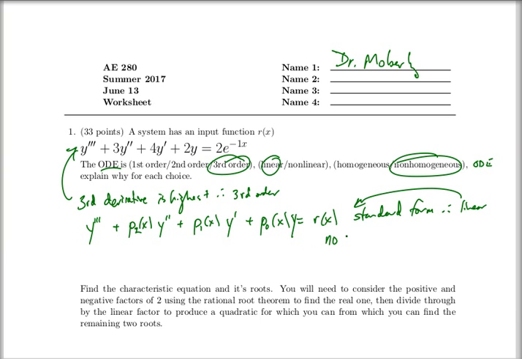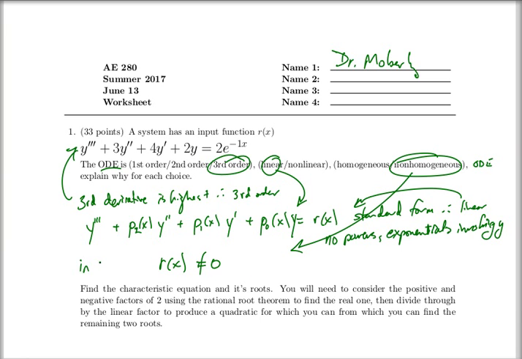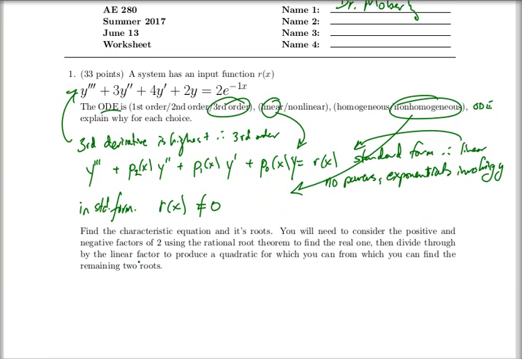Another way to say it is no powers or exponentials involving the y terms. X terms can be anything, but not the y terms. So that's why it's linear. And then it's non-homogeneous because r of x is not equal to 0 in standard form. Therefore, it's non-homogeneous.